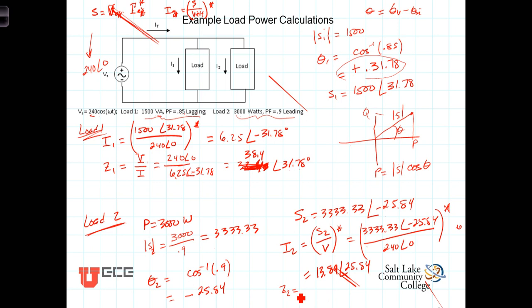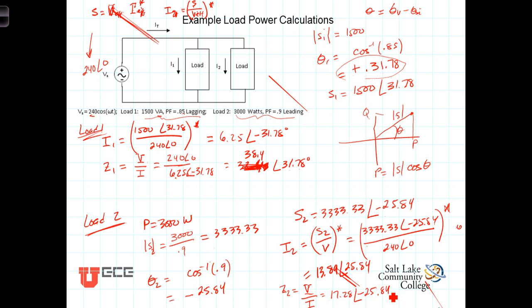And finally, let's go ahead and calculate the impedance Z2. The impedance Z2 is phasor V divided by phasor I2, where V is 240 volts. So that's 240 angle 0 divided by 13.89 angle 25.84, which gives us Z of 17.28 angle negative 25.84.